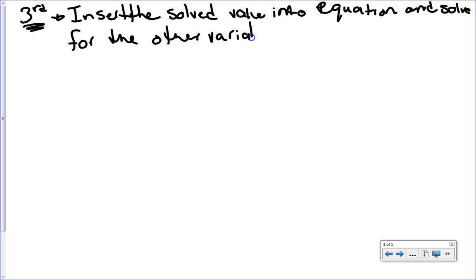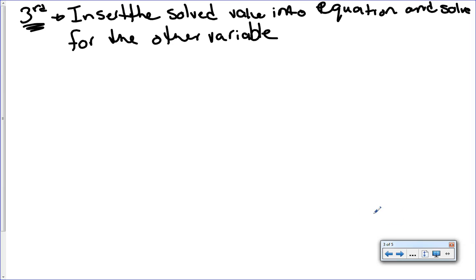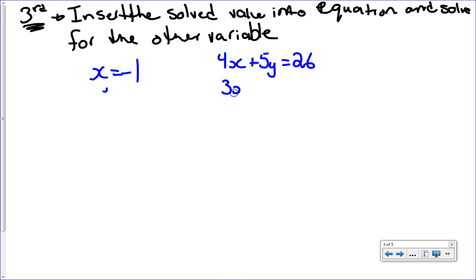Now, when you do this, make sure that you're inserting that number into the original equations, just in case you made a mistake rearranging or something. So we just figured out that x is equal to negative 1. And the two equations that we have are 4x plus 5y equals 26, and the other equation that we started with was 3x equals y minus 9.